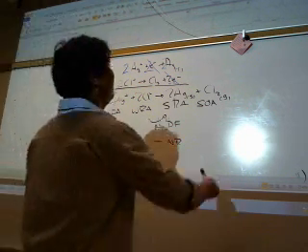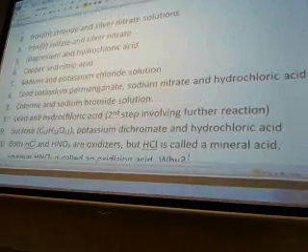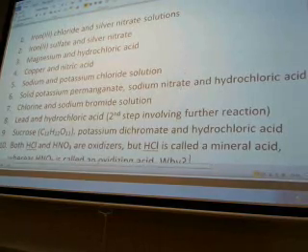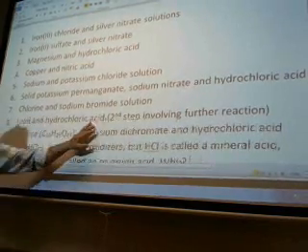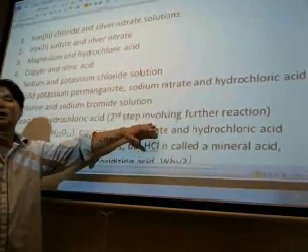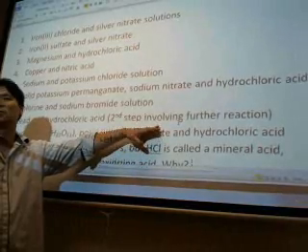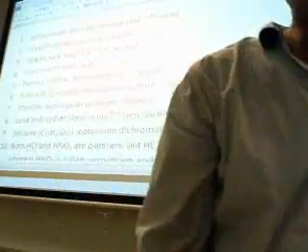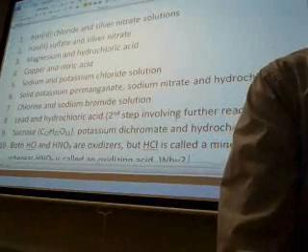The only one that might not involve redox is number 8 here. You know, there's a second step involving further reaction. So a secondary reaction. This doesn't have to be redox. It could be metathesis or it could be acid base. All right, so go ahead and start working on those and then bring them up to get them checked off. So that's what we're doing today.